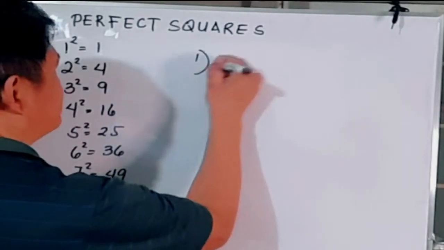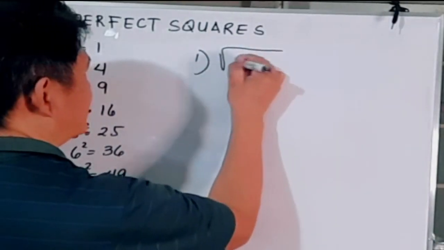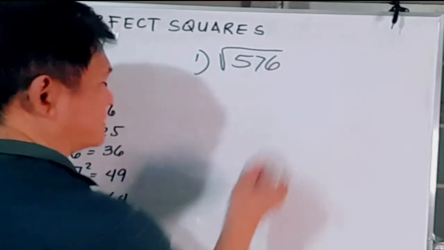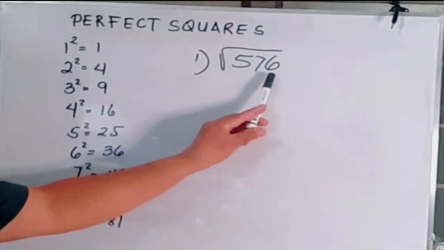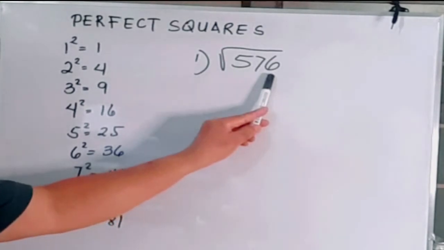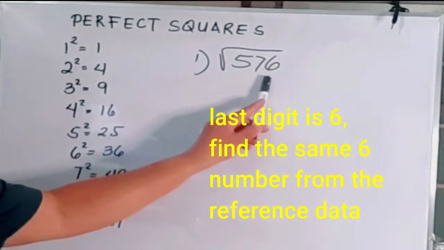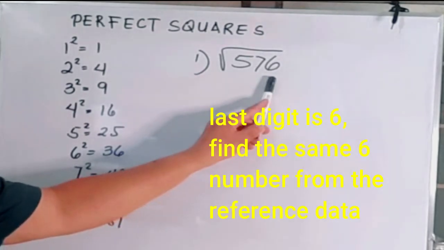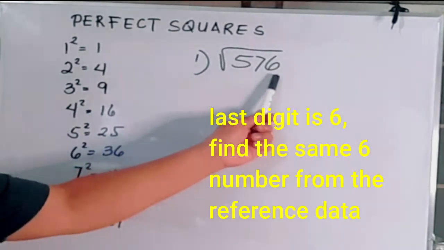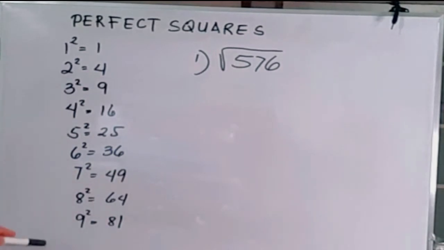Okay, let's start with finding out the square root of 576. Listen here. See here that the last digit of your 576 is 6. So to start finding your square root, find the last digit 6 in your perfect squares.